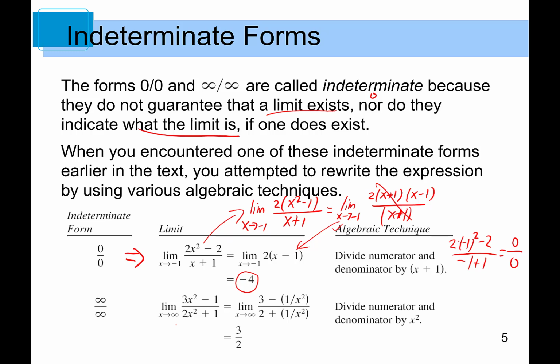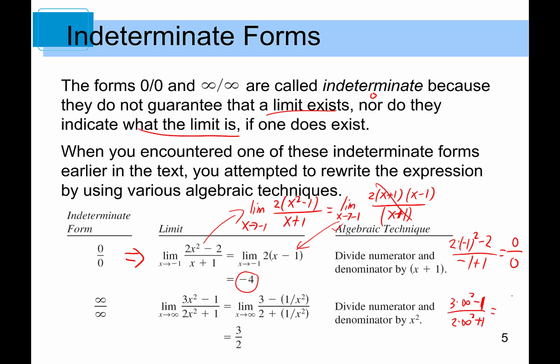If you take a look at the second one, the limit as x approaches infinity of the function (3x squared minus 1) over (2x squared plus 1). Again, if you plug in infinity, you get 3 times infinity squared minus 1 over 2 times infinity squared plus 1, and all these constants compared to infinity are insignificant.